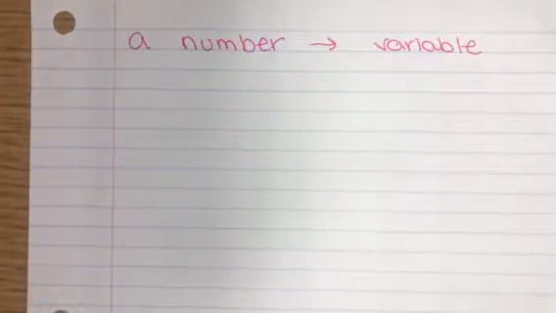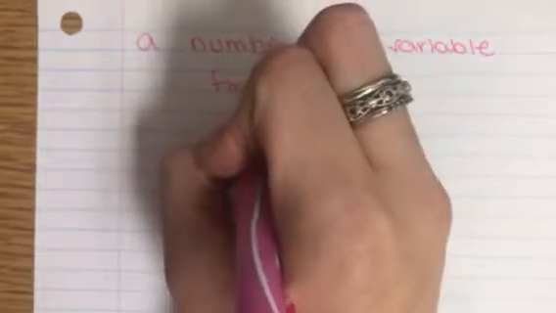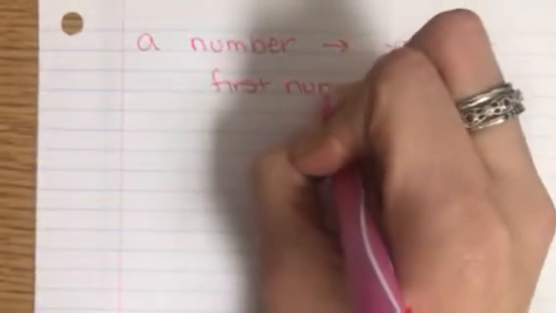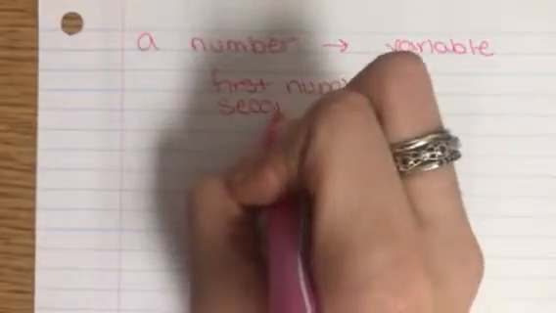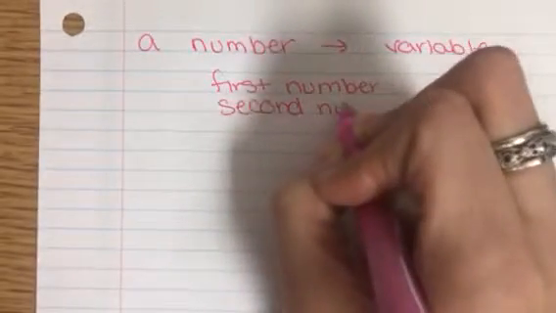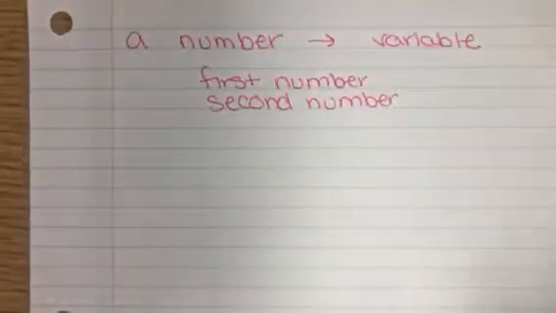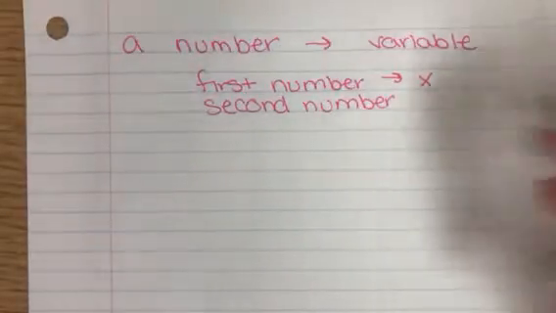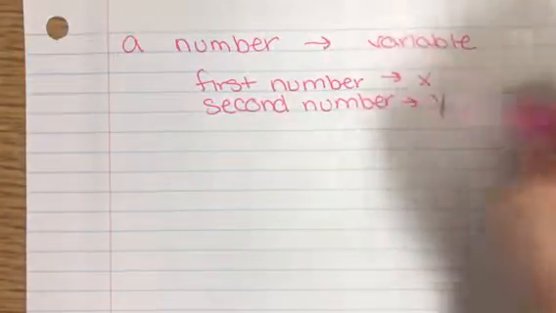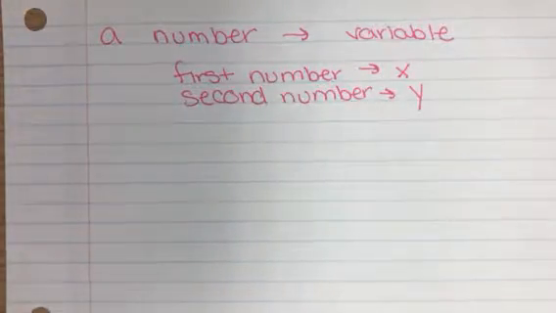So when there's two variables, we'll either be talking about a first number and a second number, which means we need to replace these words with two different variables. So we would need to assign some letter to a first number and something to a second number. They just can't be the same thing.